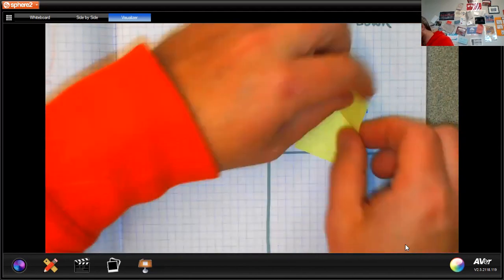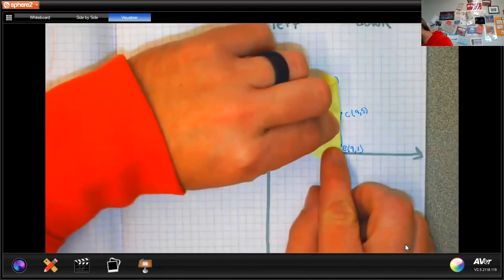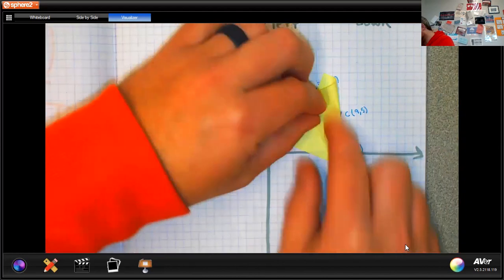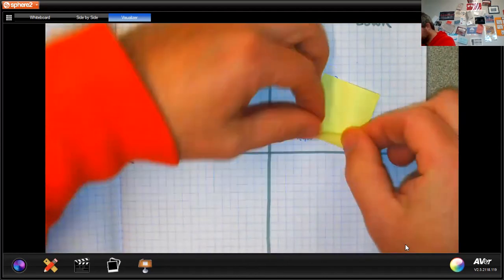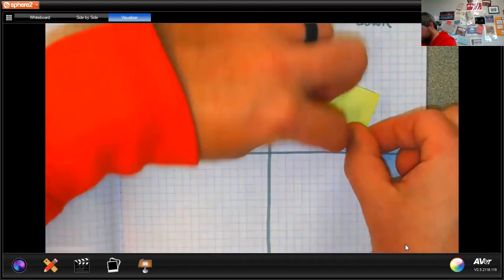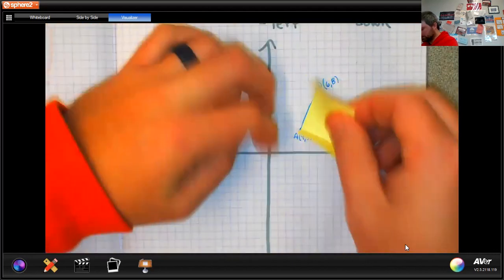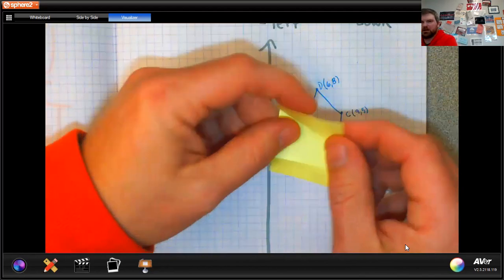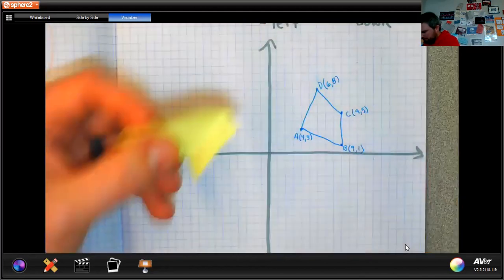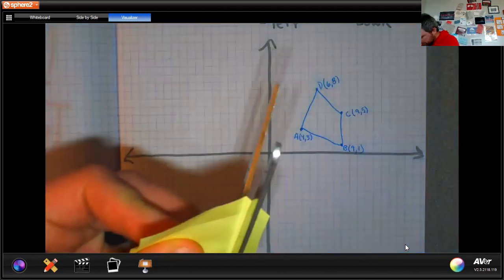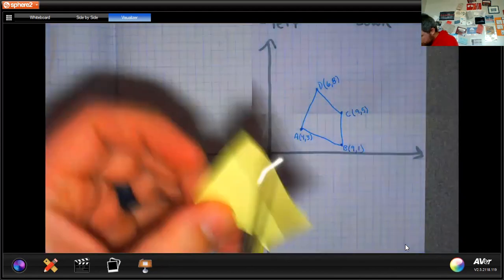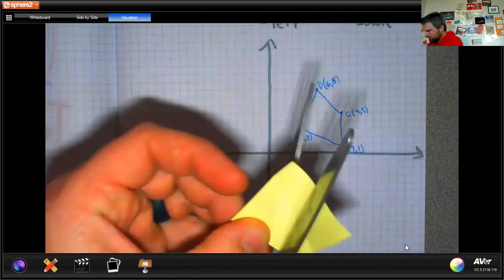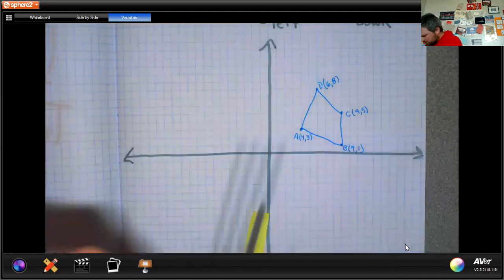I'll open that up. I'll fold this one over, crease it, and then fold this one over, crease it, and you can see I've got that line there. So if I cut it out, the lights went out.